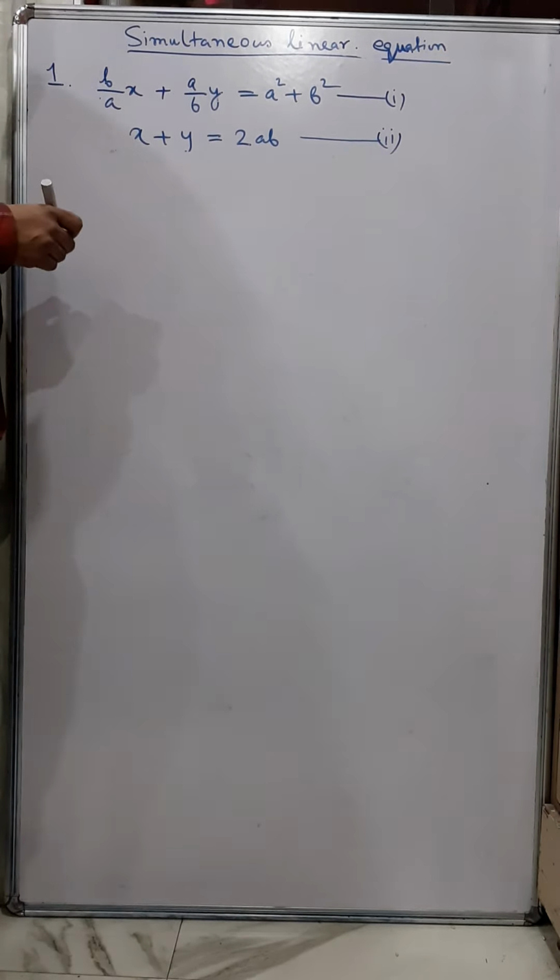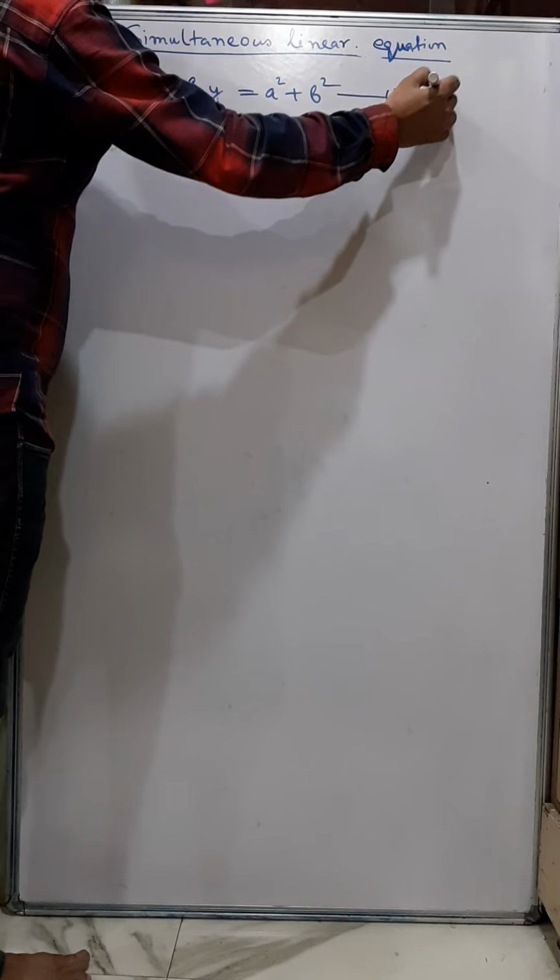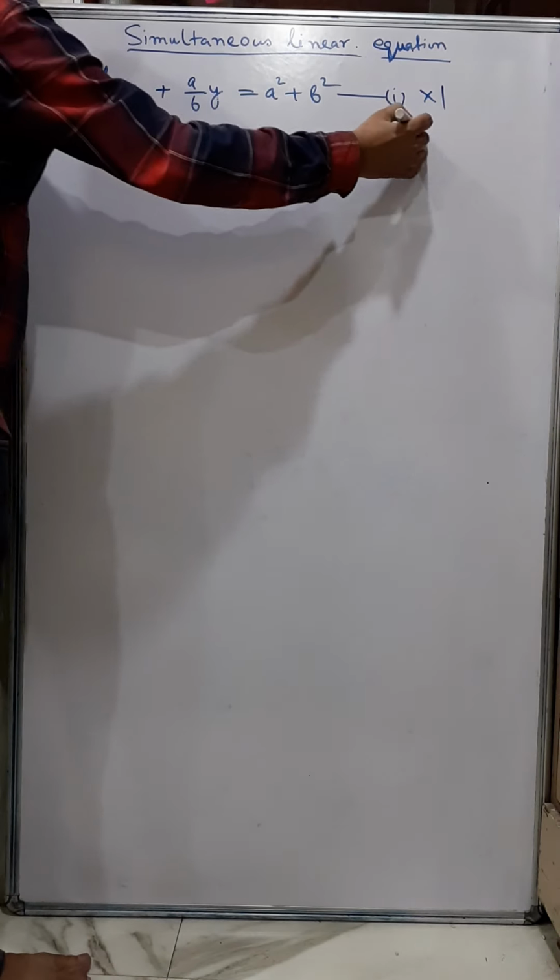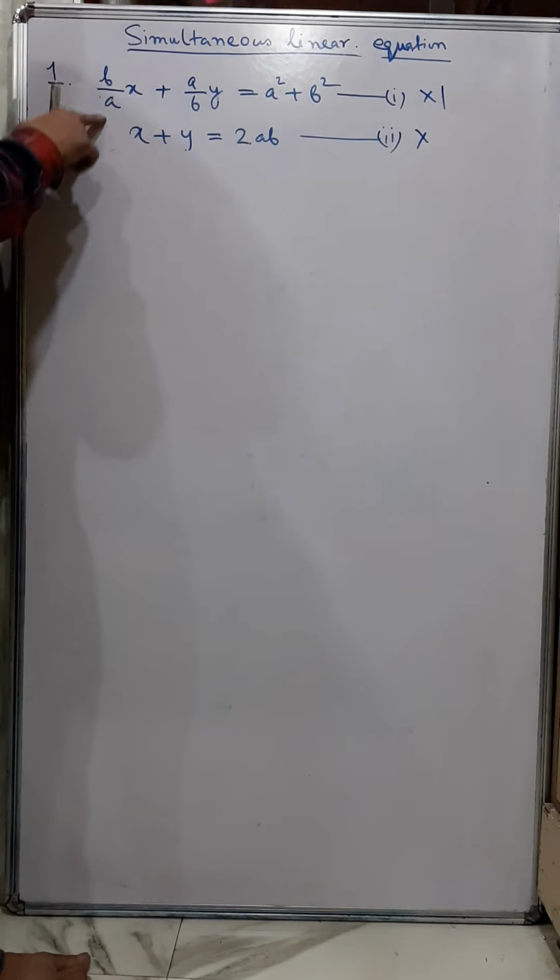So in these two equations, we can multiply the first equation with 1 and the second equation we can multiply by b by a.